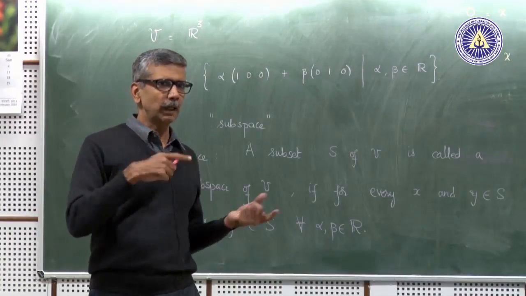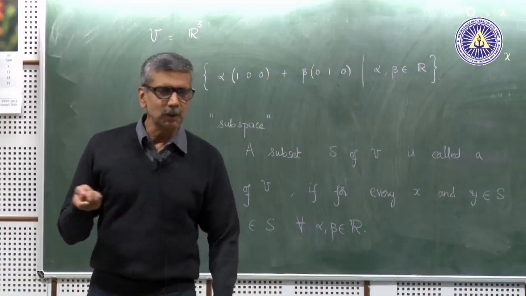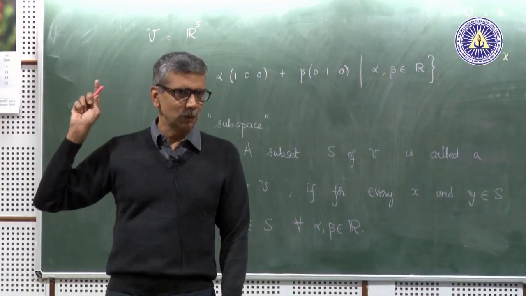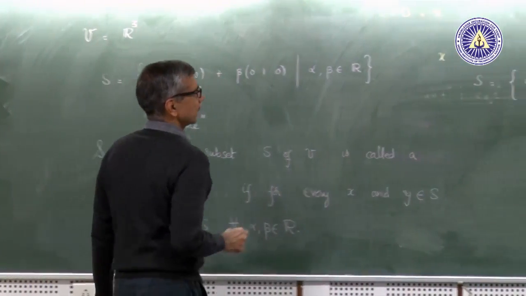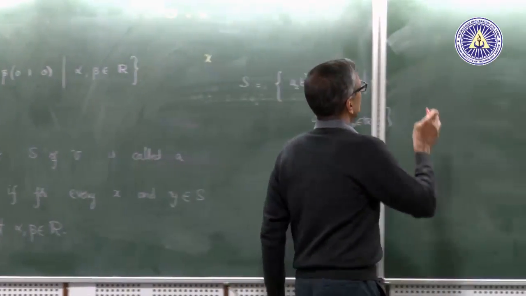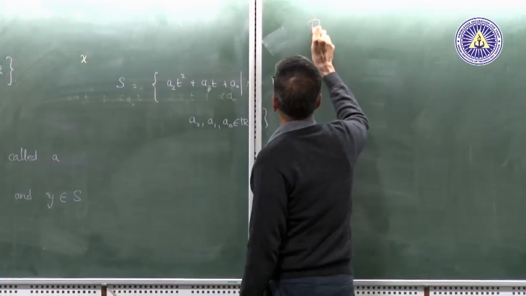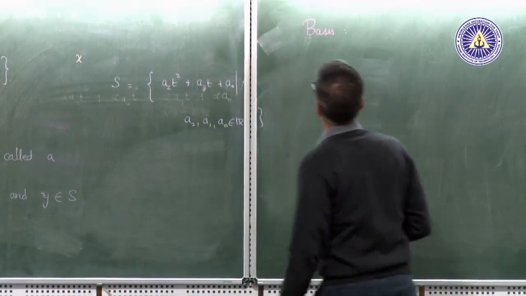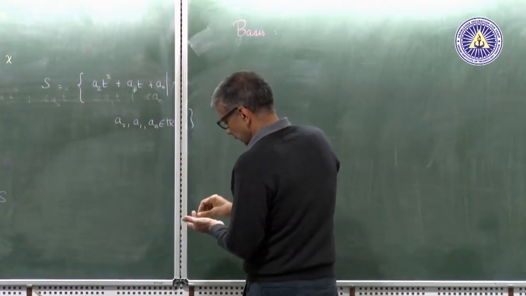Just like when you take R3, the natural basis that you refer to is 1 0 0, 0 1 0, 0 0 1. So, in the same way, the basic properties of a basis of a vector space are the following.